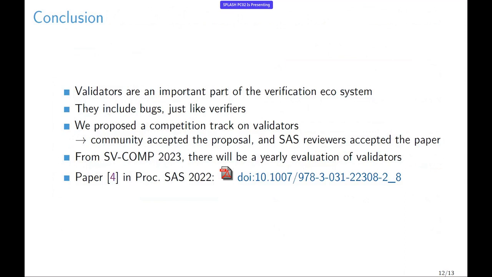And the SAS reviewers, for those of you who reviewed it, thanks for accepting the paper. And for SV-COMP 23, this current edition, this will be the first evaluation, and from now on we will have every year an evaluation of validators.